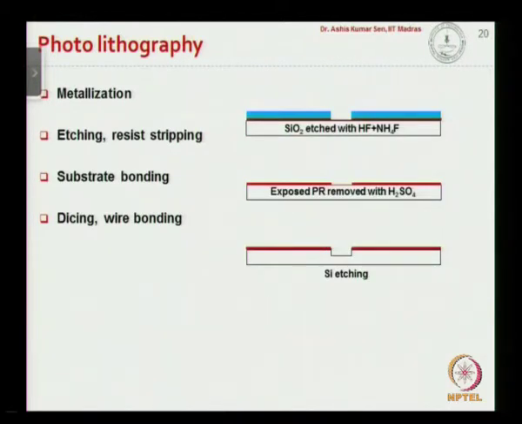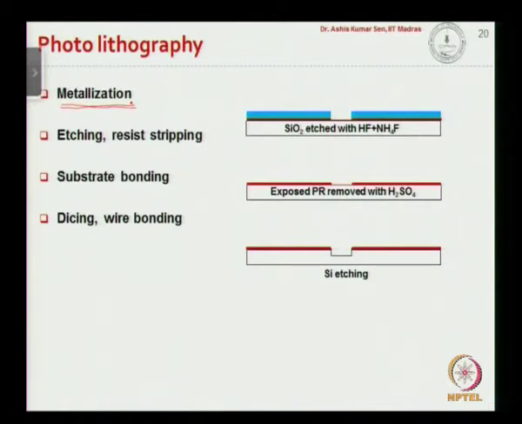Next, after we develop the SU8 photoresist layer, many times we have to create electrode structures, so we go for metallization. Around those areas where the photoresist is removed, we can create a metal structure on the silicon dioxide.